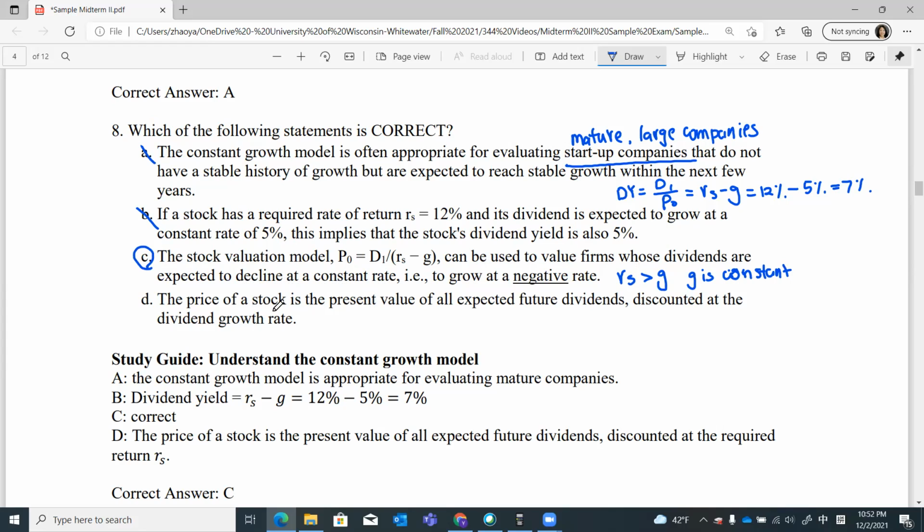The price of a stock is the present value of all the expected future dividends discounted at RS, cost of equity. Remember, P0 equals to D1 divided by 1 plus RS plus D2 divided by 1 plus RS to the square, and keep going. So we discount dividend by the cost of equity. So we rule out D here.